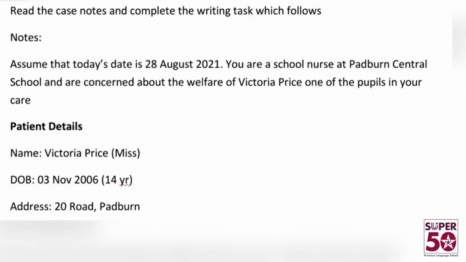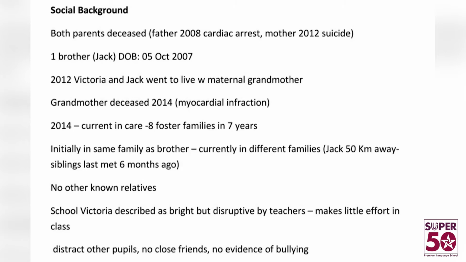Address is given. Then the social background: both parents deceased. Father in 2008 due to cardiac arrest. Mother in 2012, she attempted suicide. One brother is there, his name is given, and date of birth is 5th of October 2007.